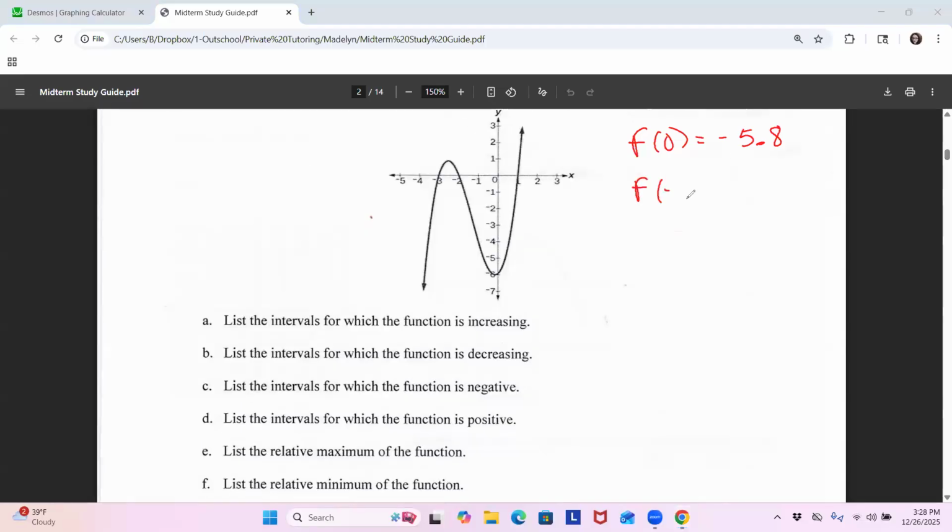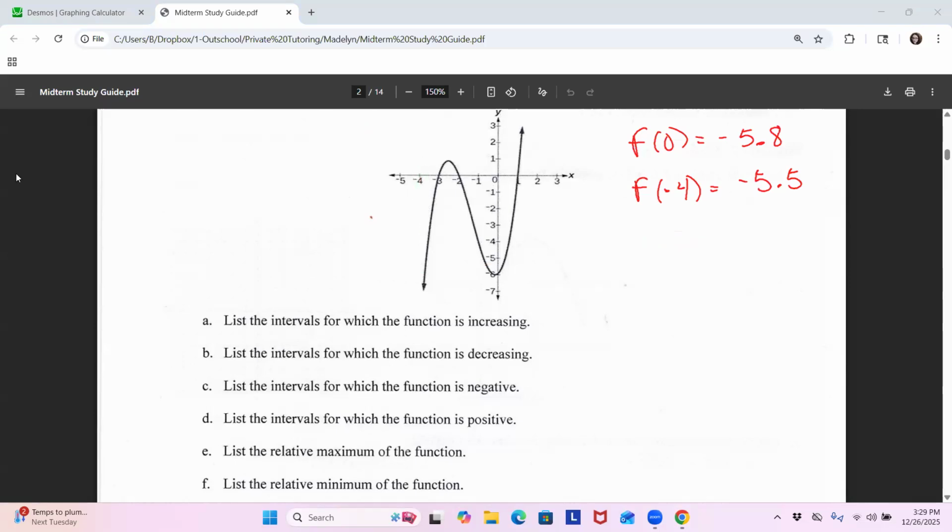Find the value f of -4. So that's x is -4. Like -5.5 ish. Again, that's an ish. I think. Let me kind of do that one again. See, I don't know if I'm staying straight.